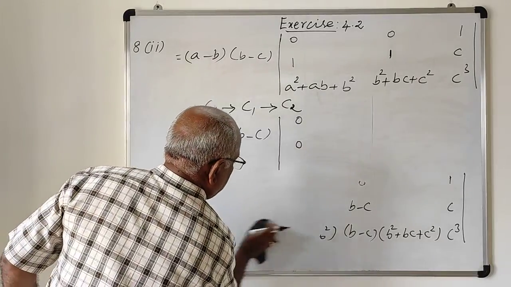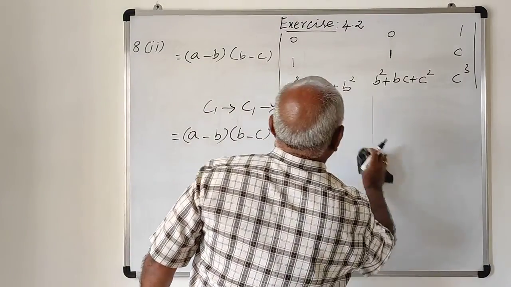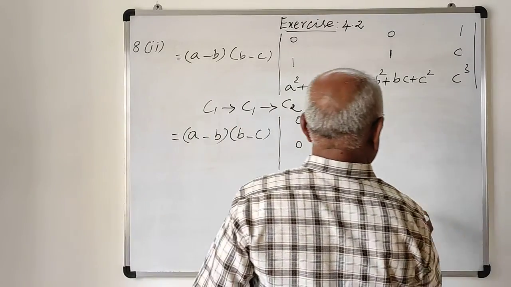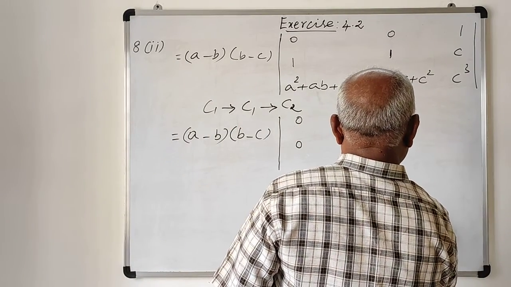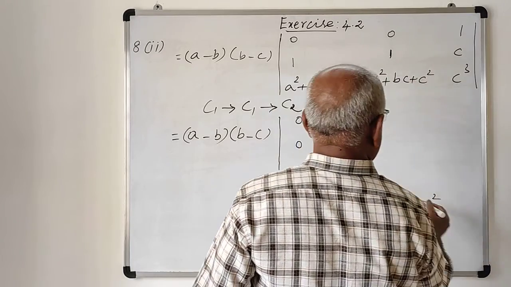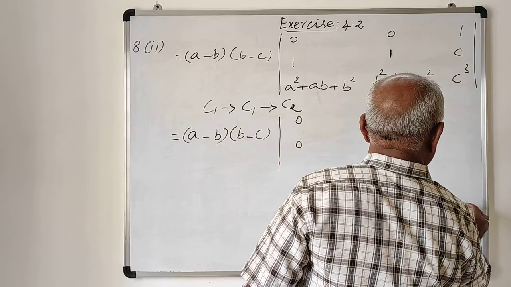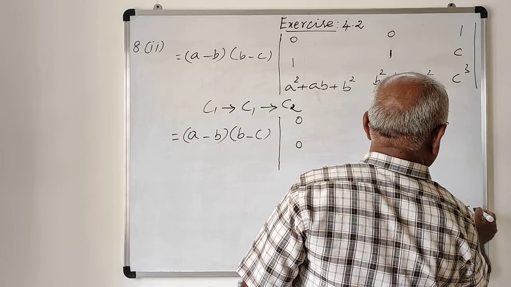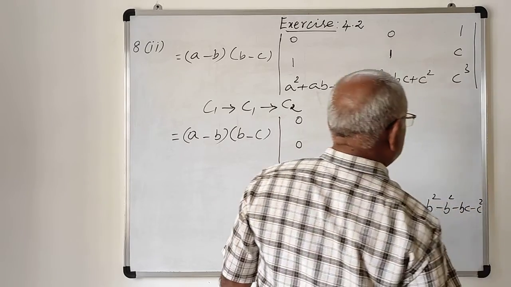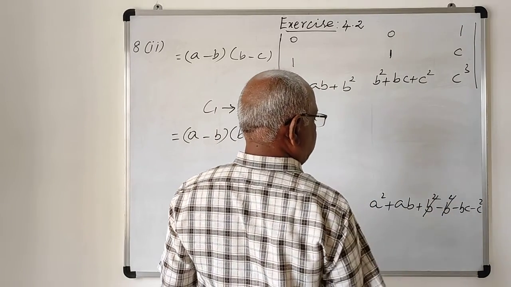We will find it separately. That is, C1 minus C2 is a square plus ab plus b square minus b square minus bc minus c square. Here plus b square minus b square get cancelled.